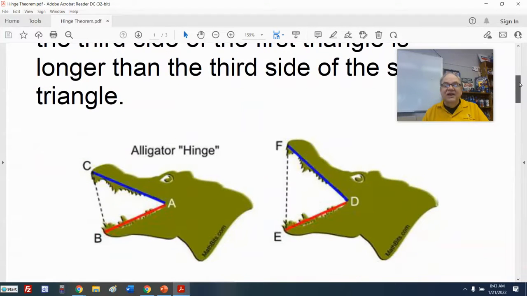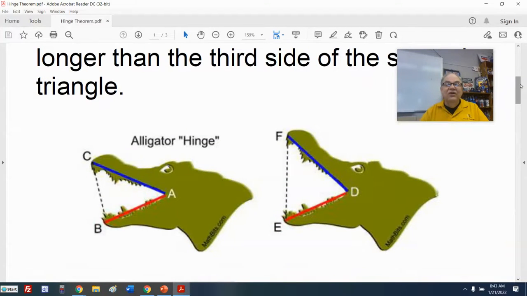This is actually easier if you look at a picture to kind of show what it says. Here I have these little alligator pictures, and basically what it's saying is if the angle that the alligator's opening his mouth to gets bigger, then that vertical distance has to get bigger as well.